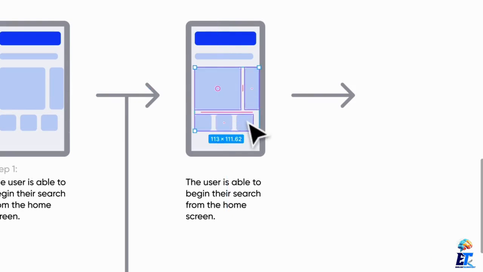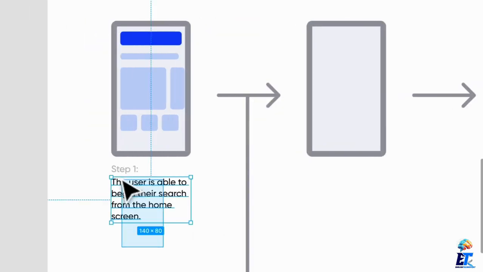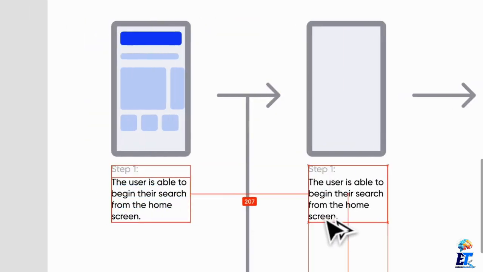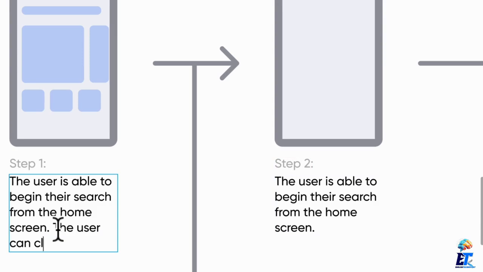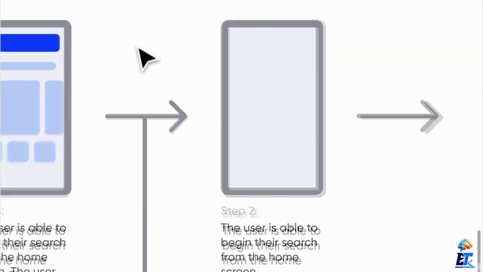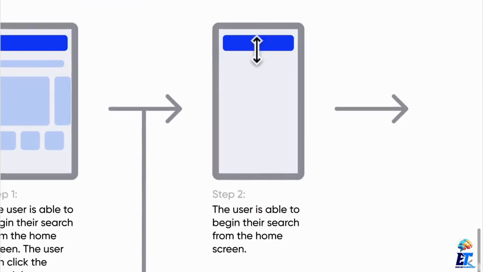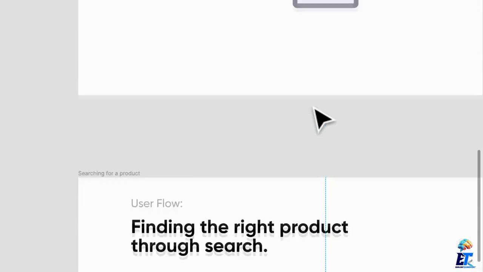So the user is able to begin their search from the home screen. Okay, and what happens next? So the next step, let's just copy that over. Perfect. Step 2. Actually, let's just finish this off just a little bit. The user can click the search input. So once they've clicked the input, there is something here that happens, and that should probably be them entering their search.